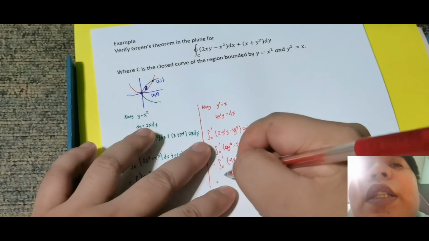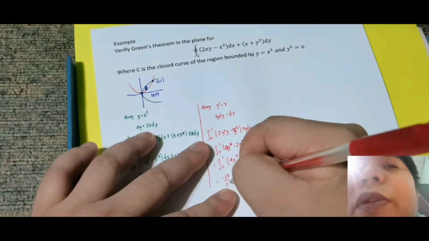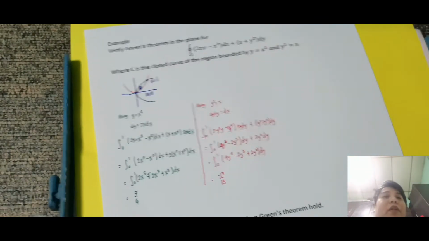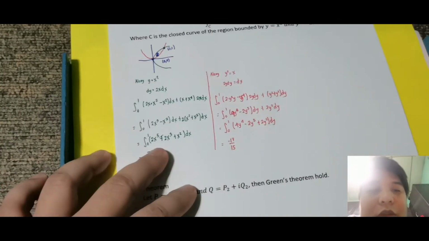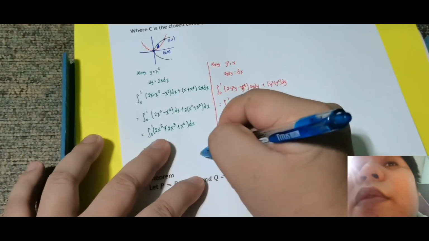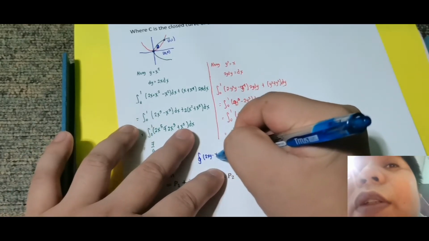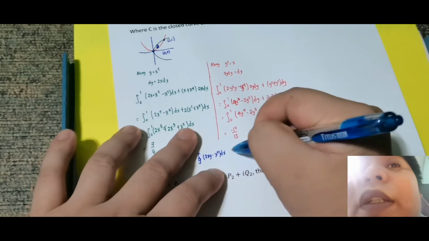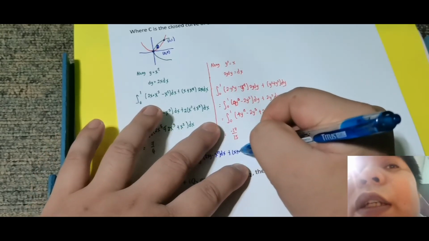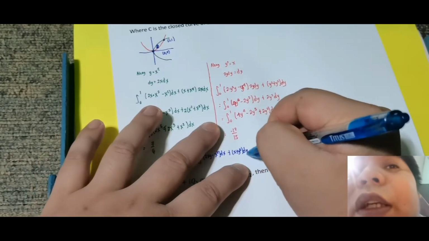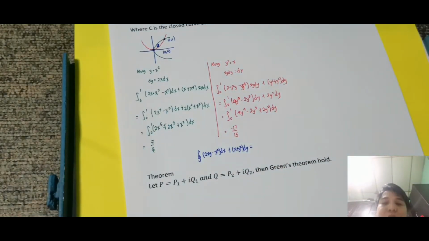That is simply equal to negative 17 over 15. Therefore, the required integral of 2xy minus x squared dx plus x plus y squared dy is just the sum of these two: 7 over 6 plus negative 17 over 15, which is 1 over 30.